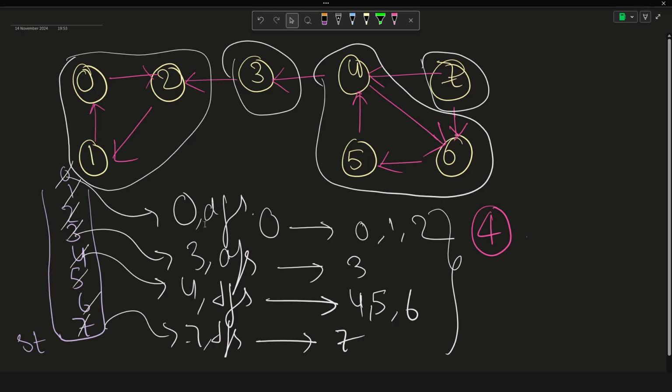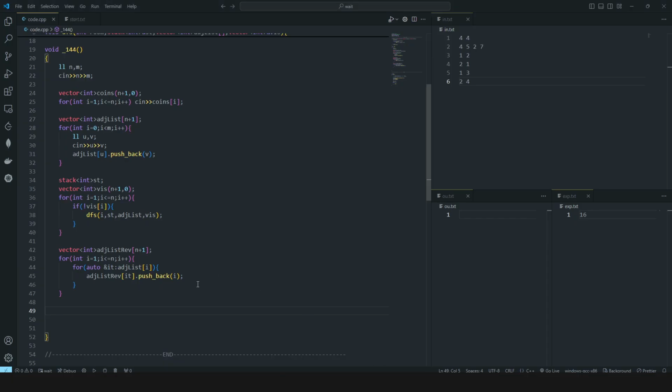After this is done, I told you that we have to start popping the elements from the top of the stack and starting the DFS call, right? So we will be doing the same exact thing here.